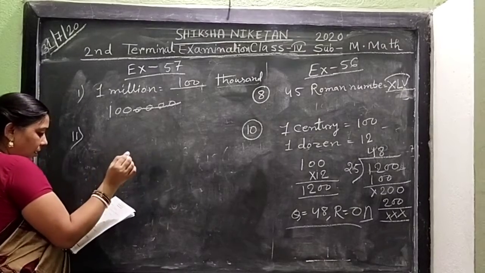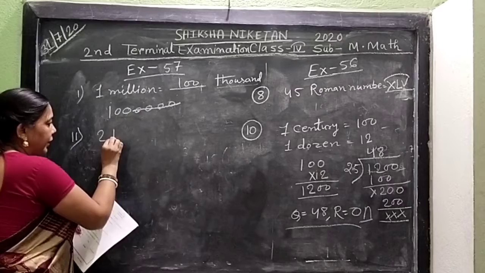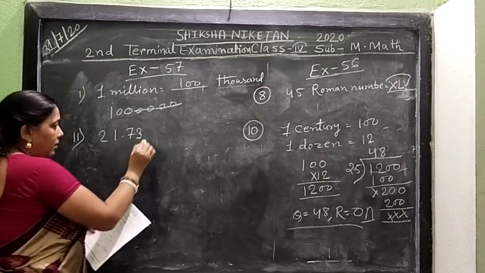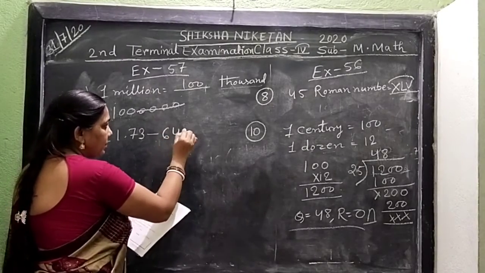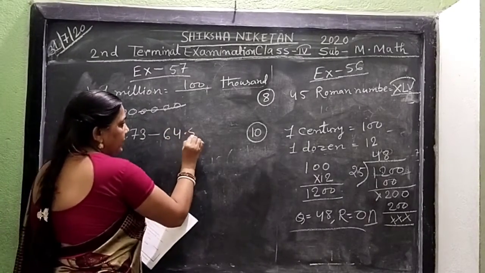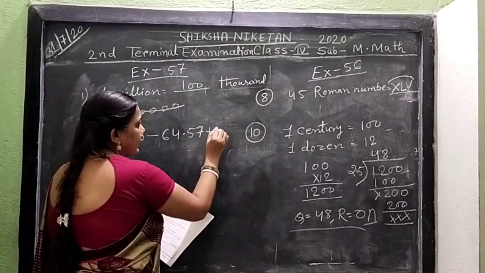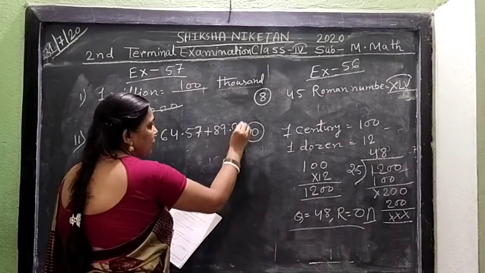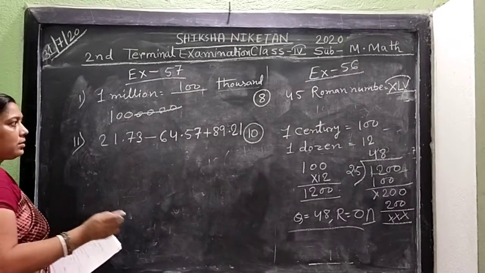Next math is number 11 of exercise 57. 21 decimal 73 minus 64 decimal 57 plus 89 decimal 20. Okay. First we solve the add number.